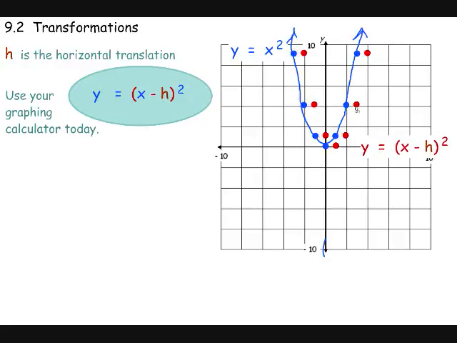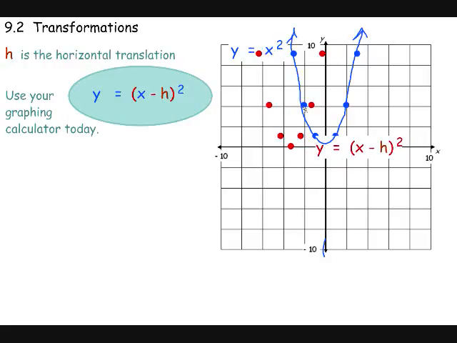And if I put it here, what would you say h was equal to? 1. So my equation would be y equals x minus 1 squared. What if I moved it horizontally over here? Now I'd have x minus 2, and I'd square that.